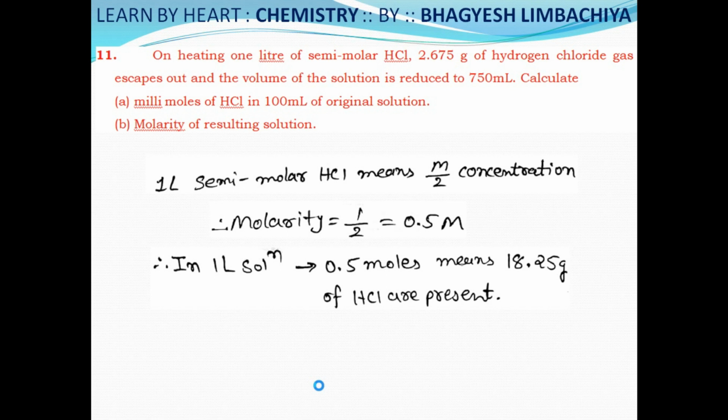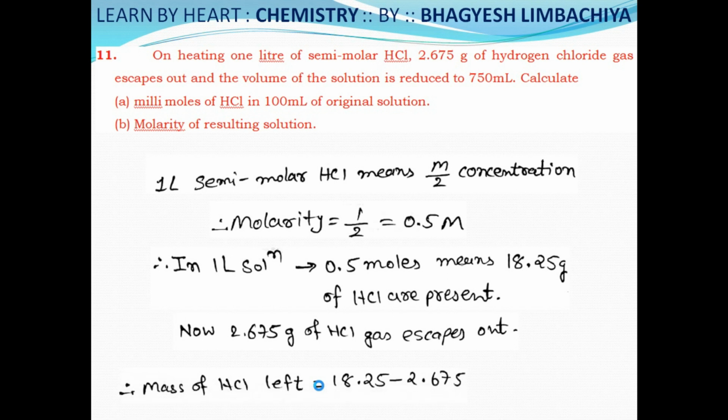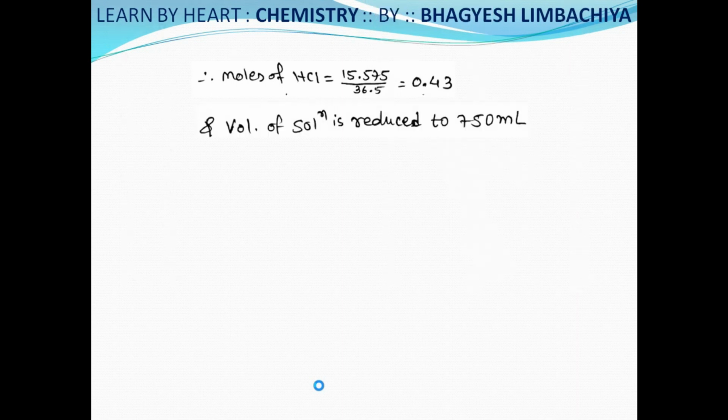Now in 1 liter solution, 0.5 moles means 18.25 gram of HCl are present. By heating, 2.675 gram of HCl gas escapes out. So the remaining mass of HCl will be 15.575 gram. Next, moles of HCl will be 0.43, and volume of solution is reduced to 750 ml.